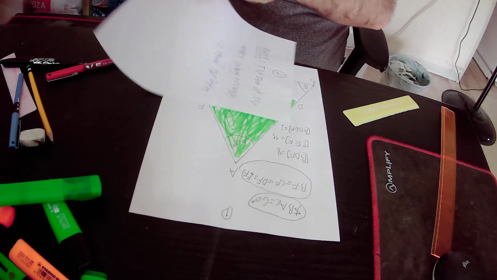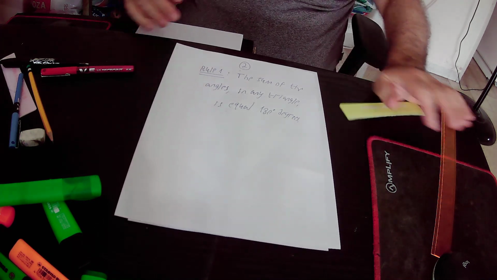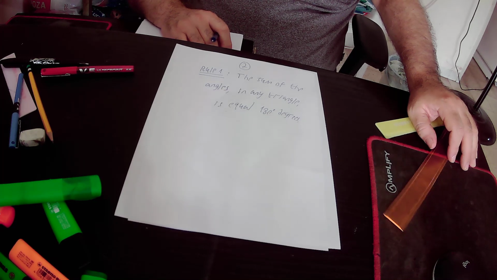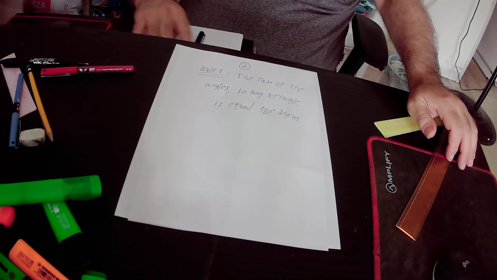So I will read rule number 1 again. Rule number 1 states that the sum of the angles in any triangle is equal to 180 degrees.